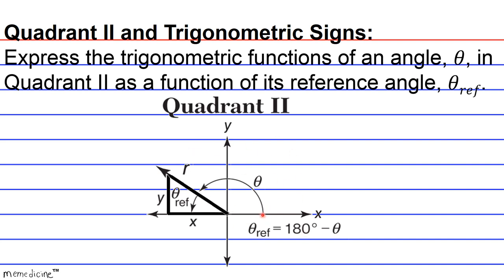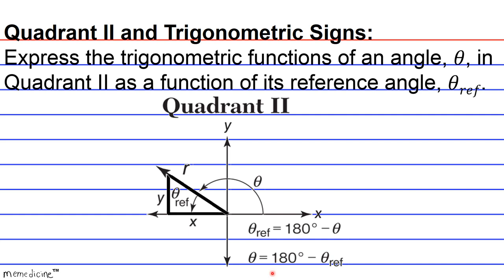So theta reference here is going to be the negative acute angle made with the x-axis. Negative because in order for the terminal side to terminate, you have to enlarge in the clockwise direction going this way. All the arrows are drawn this way. You can look at this as a negative angle. All right, and again, let's say you have your reference angle, but you want to figure out theta.